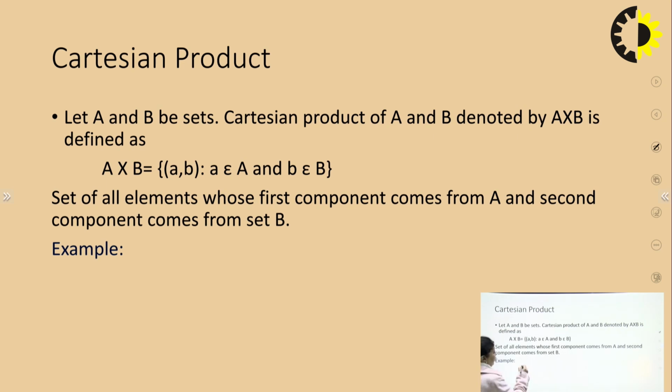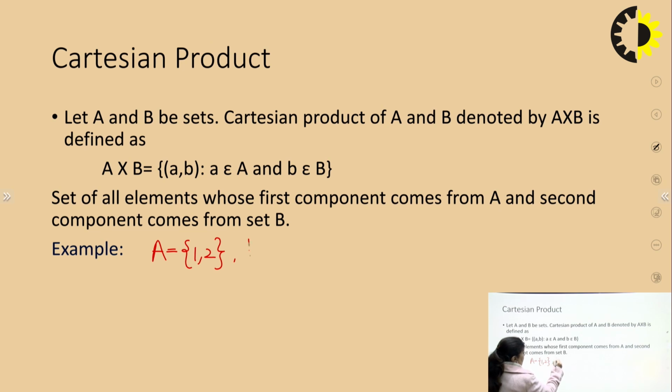Now if I take the same example, that is my A contains 1, 2, and I have another set B which contains 2, 3. So what will be my A cross B? My A cross B will contain all the ordered pairs (a, b).